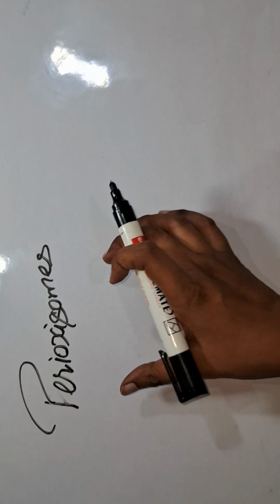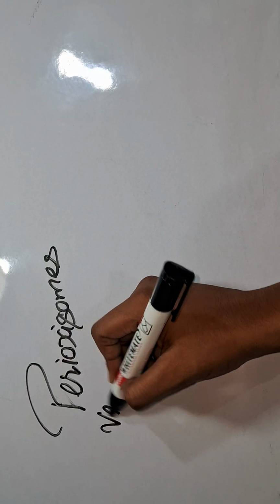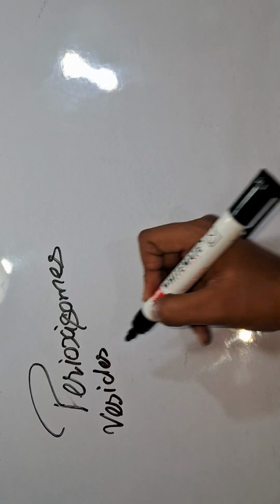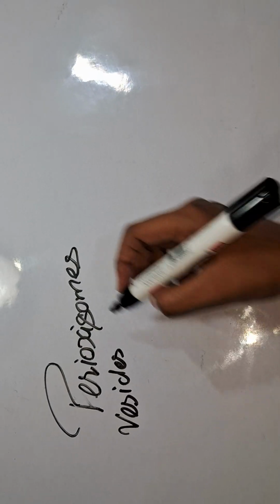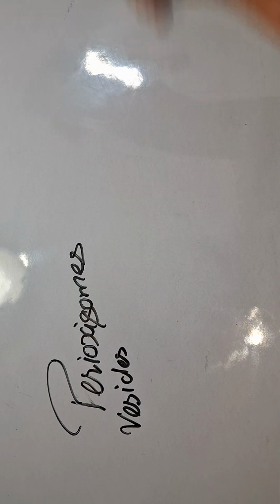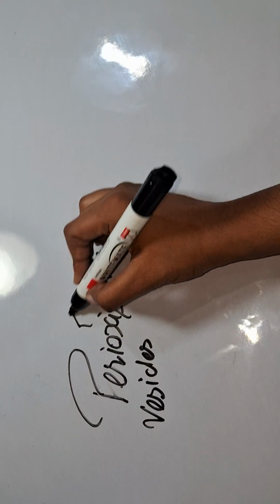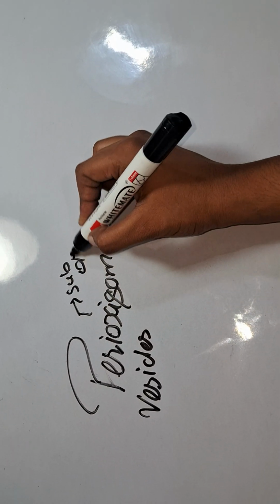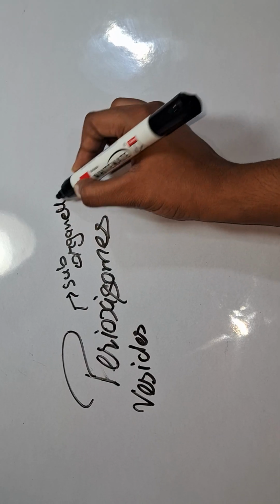Peroxisomes, they are the organelles. They are vesicles found in our cells. They are actually organelle, part of suborganelle in cells.